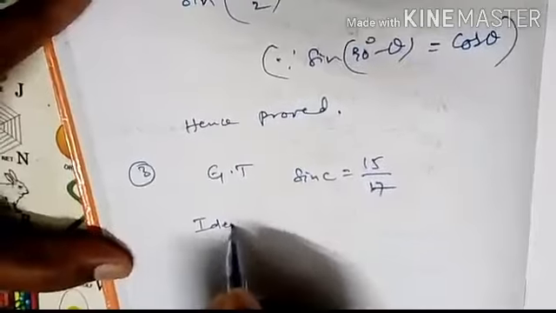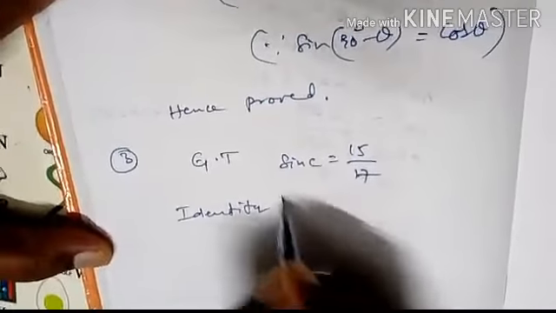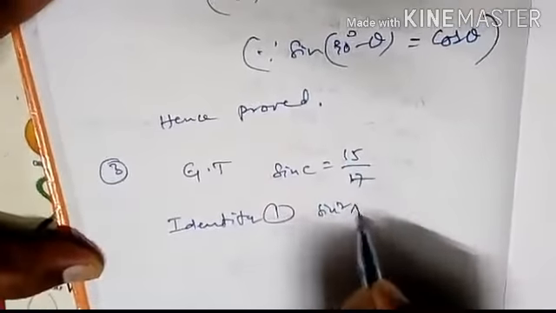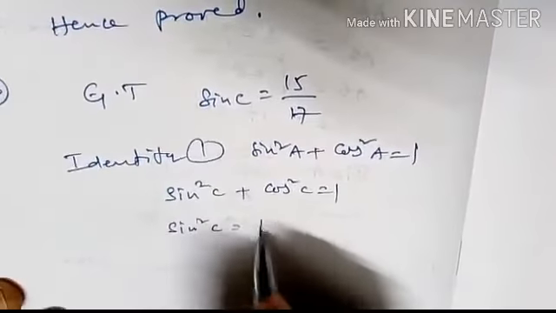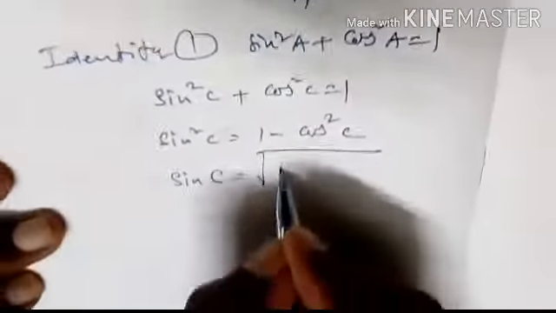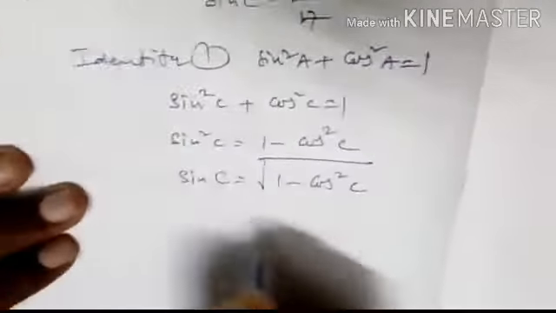We know the identity 1: sin square A plus cos square A is equal to 1. Based on this, sin square C plus cos square C is equal to 1. Sin square C is equal to 1 minus cos square C. Sin C is equal to square root of 1 minus cos square C.